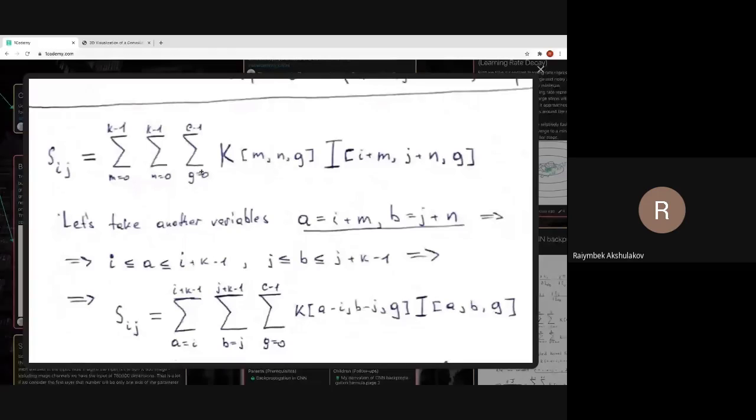Let's take another variable: a equals i plus m and b equals j plus n. Just a reminder, i and j go over the sides of the output, H minus K plus 1, and m and n go over the kernel sides.